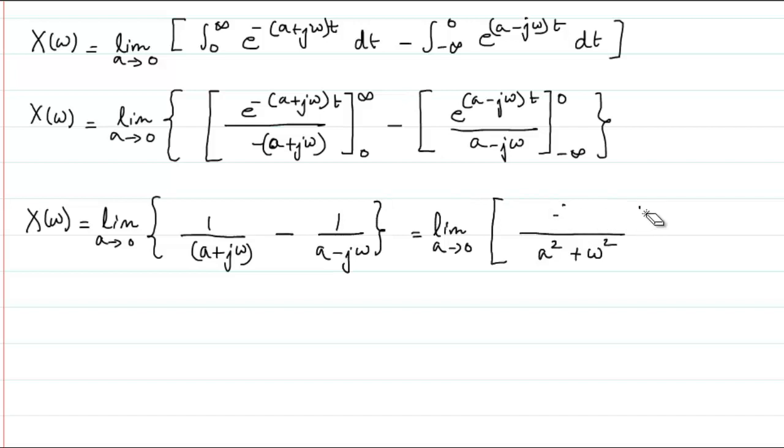So I will straight away write that, I will not waste any more lines for that. So minus 2j omega.